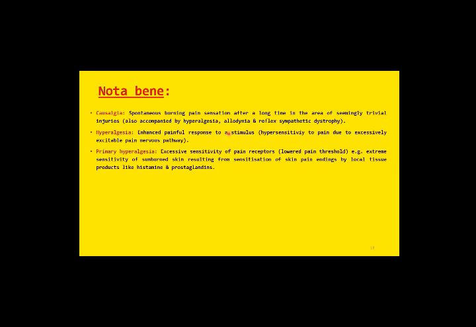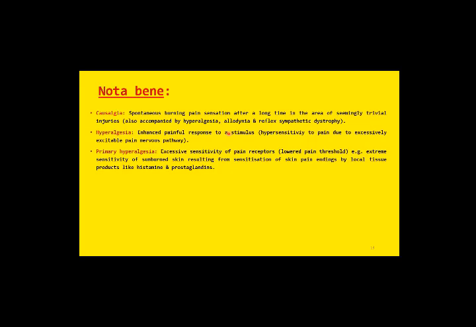Now this hyperalgesia can be primary in nature or sometimes secondary in nature. When we use the term primary hyperalgesia, this means there is excessive sensitivity of the receptors of pain. The pain receptors are extremely sensitive. The sensitivity is increased.